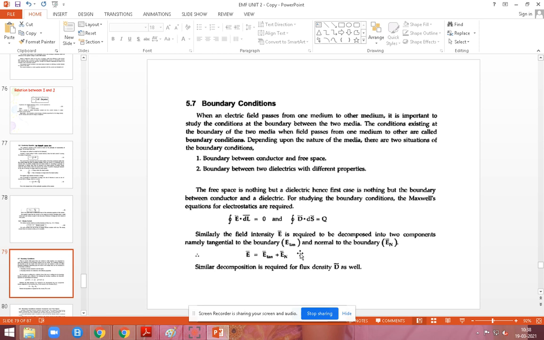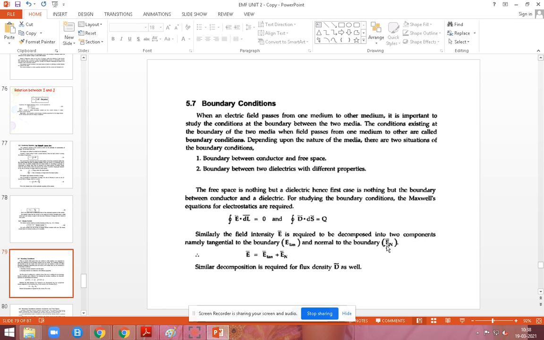Okay, this electric field intensity will be further decomposed into two components, that is E tangential and E normal to the boundary. This is tangential to the boundary.